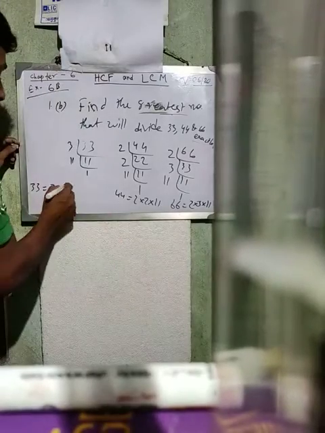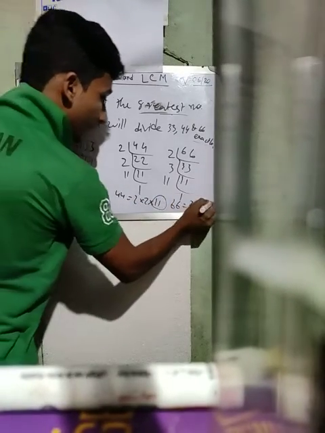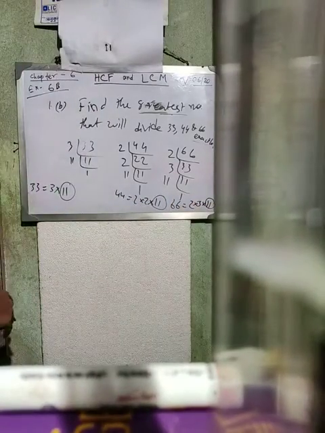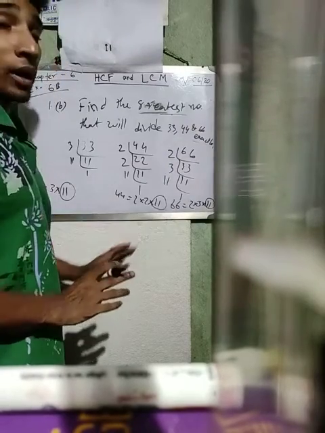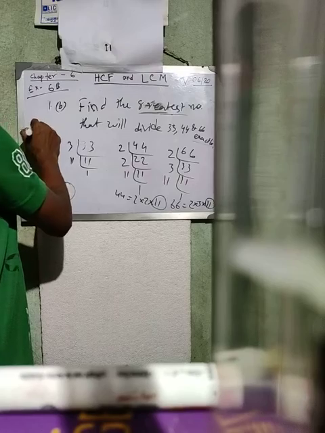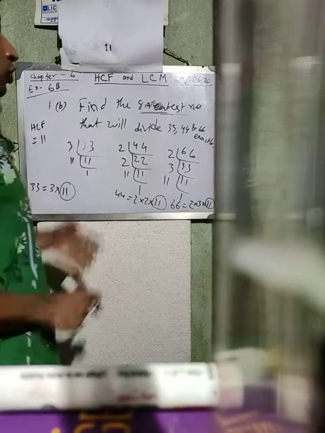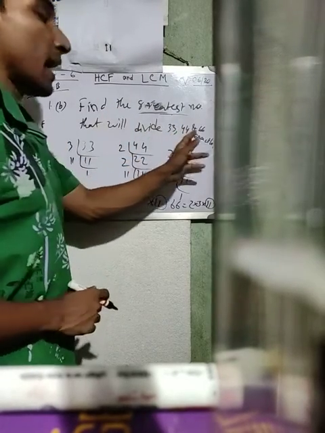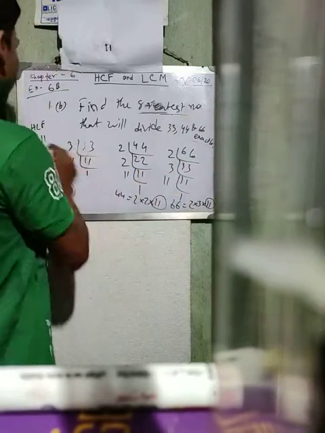So what is the common number? 11 is the common. There is no common number except 11. So here HCF is 11. So find the greatest number that will divide these numbers exactly. So our answer is 11.